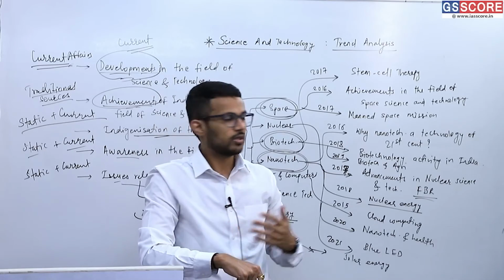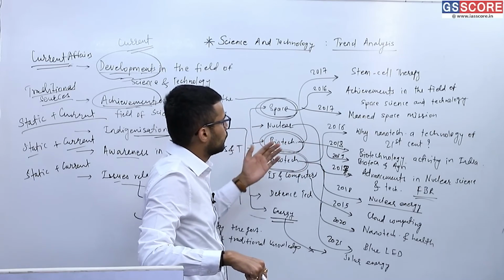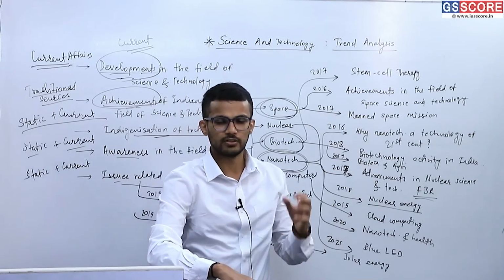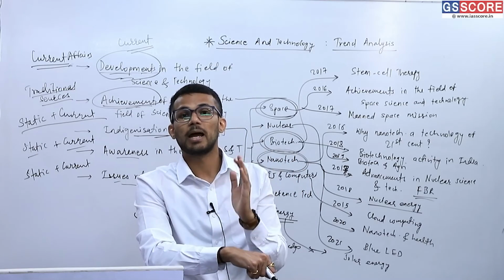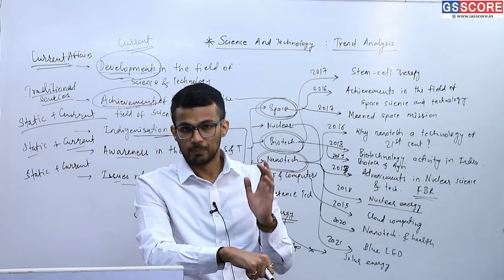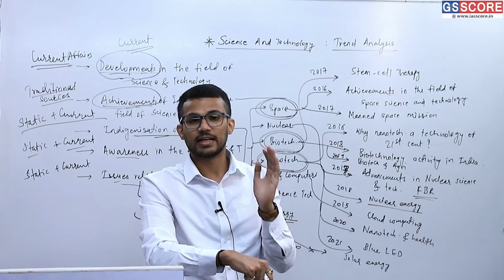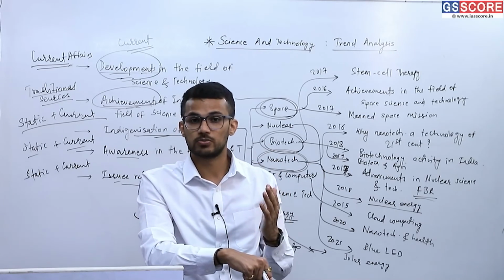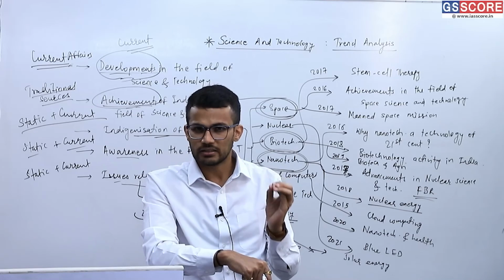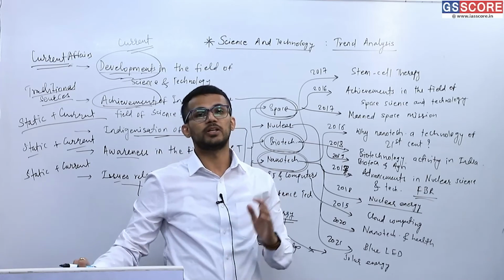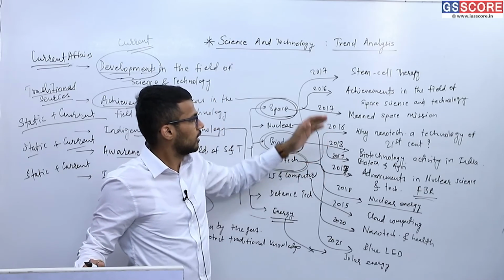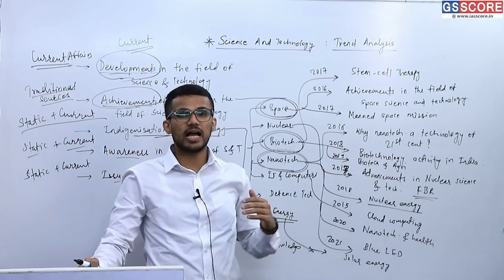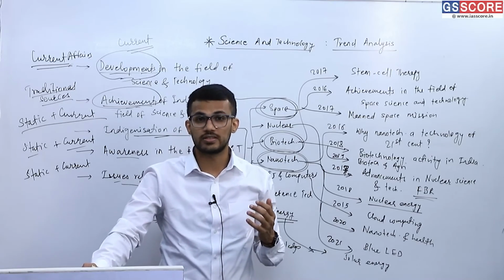For example, a question related to, let's say, manned space mission. In 2017, it was very difficult to write an answer for manned space mission. But if you know the technology associated with manned space mission, then it is quite simpler to address this particular question. Moreover, questions like, let's say, nanotechnology as a technology of 21st century.